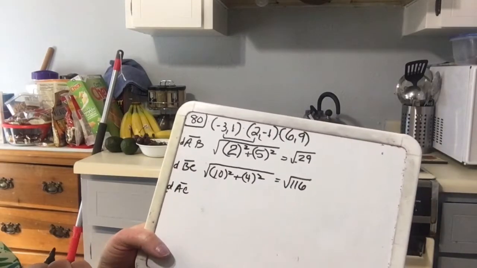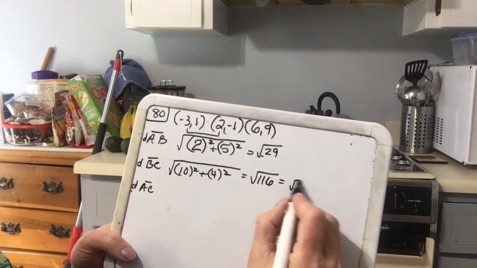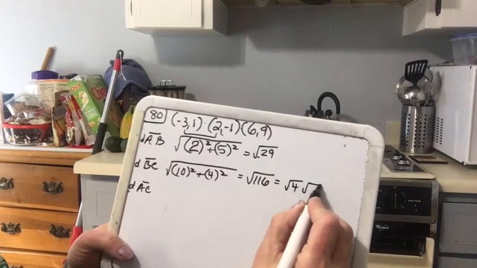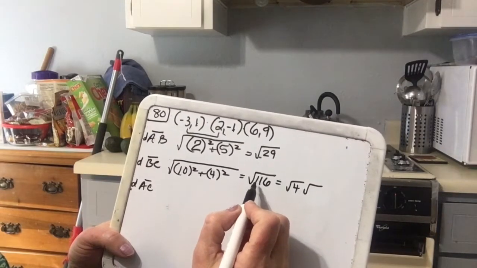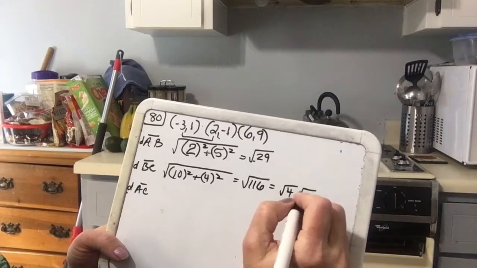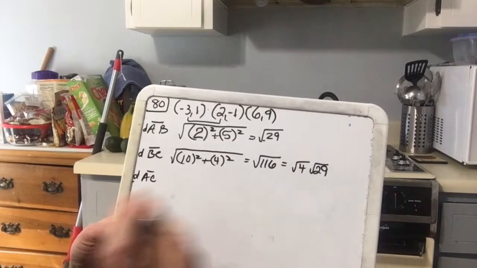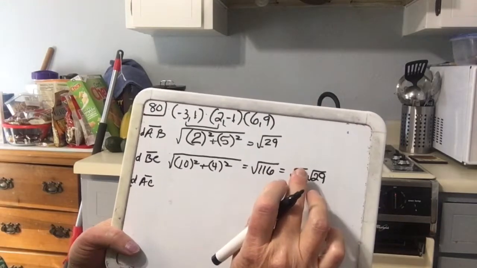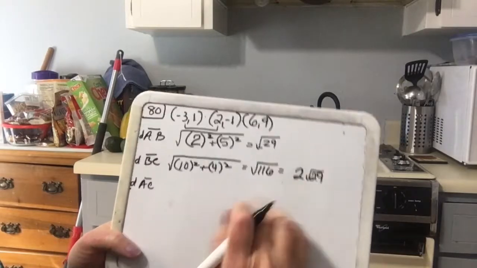Okay, and the square root of 116, I can pull out and simplify. I can pull out a 4, I know that much. If I pull out a 4, I'll have 25 plus 4 is 29. So square root of 29. And then the square root of 4 becomes a 2.